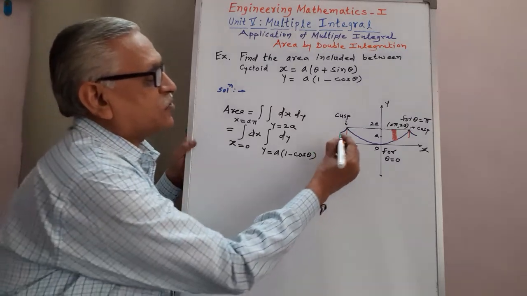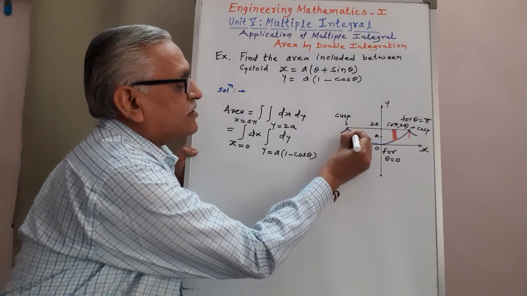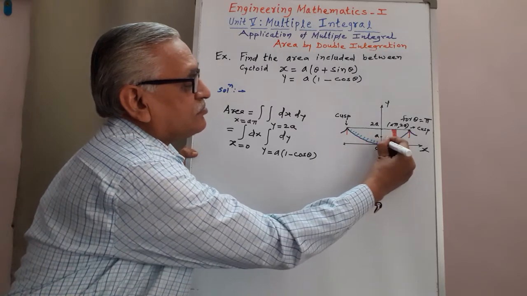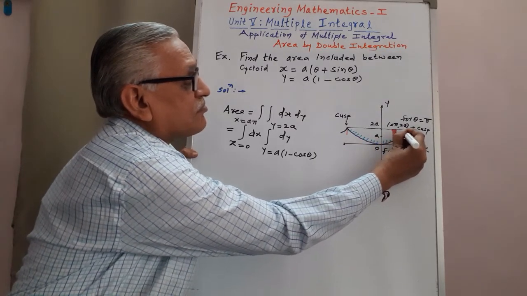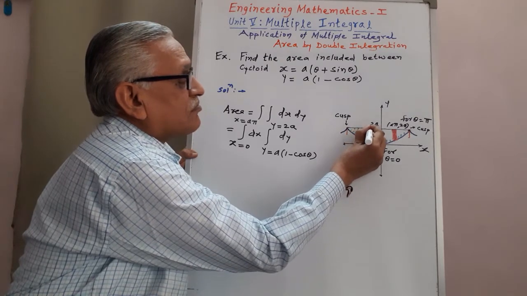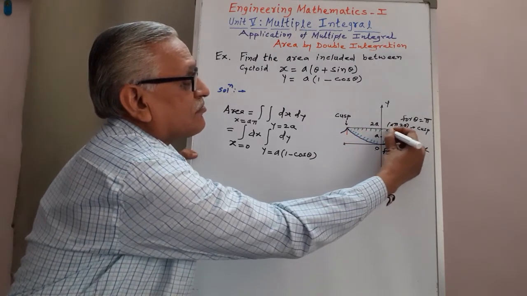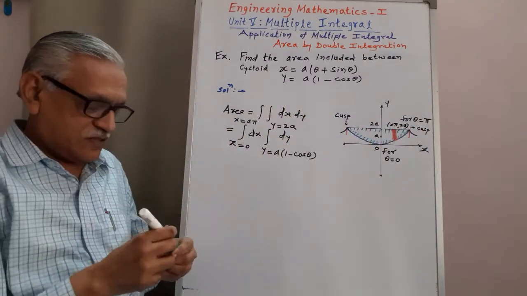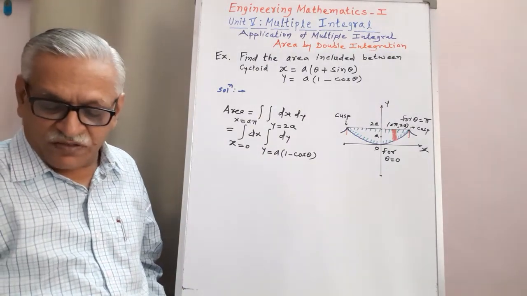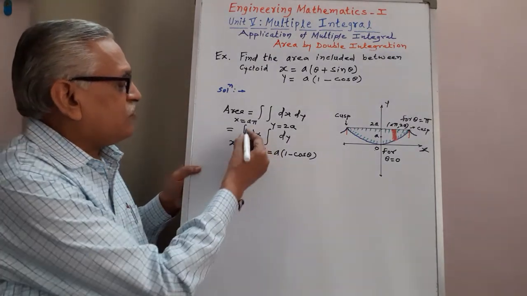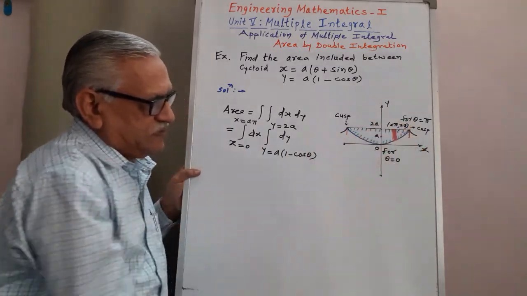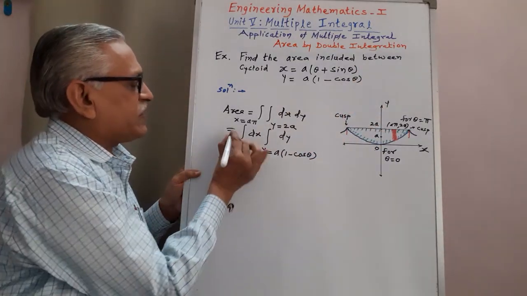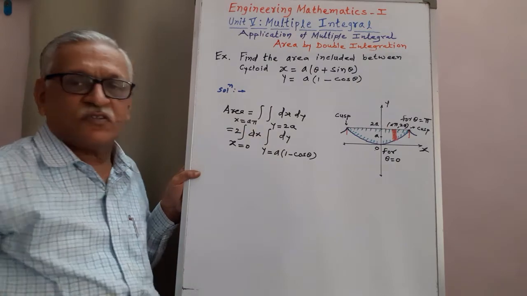The total area which we require is shown in green color. I have taken the half part of that area. We have a symmetrical part about the y-axis, therefore making it twice to get the complete area.